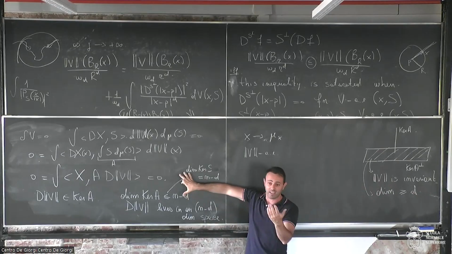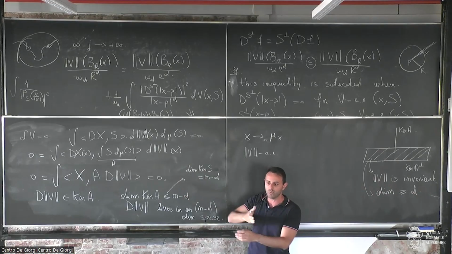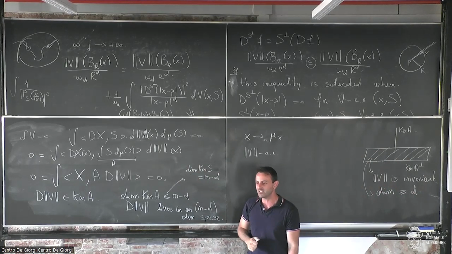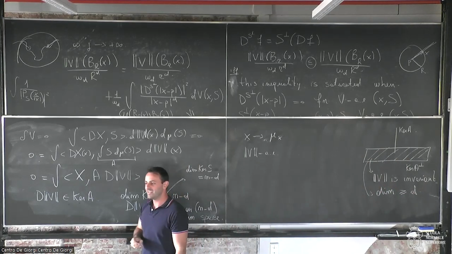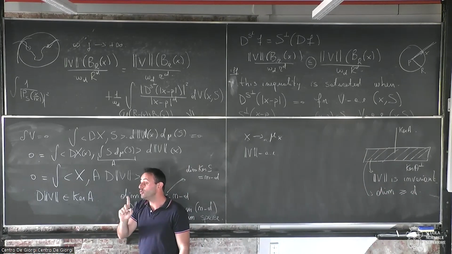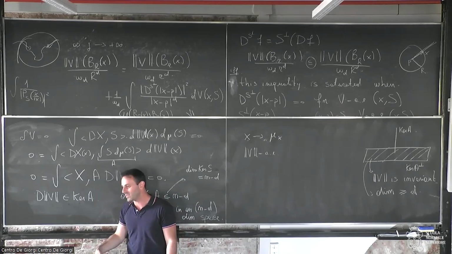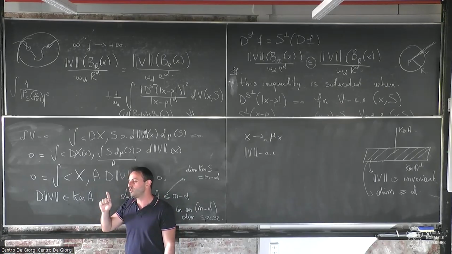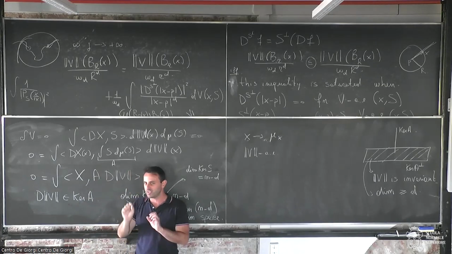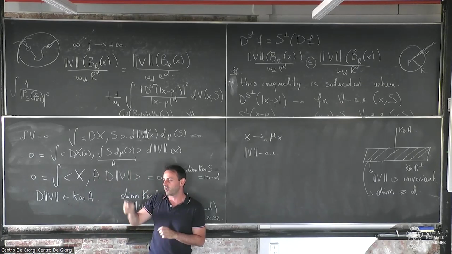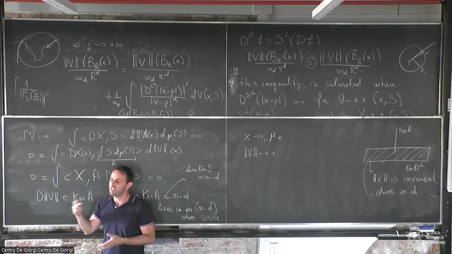But this, I agree with Andrea. We just need to assume that the lower density is positive, but we don't need to assume that the upper density is finite. This is not an easy theorem; it comes from this strong constancy theorem.